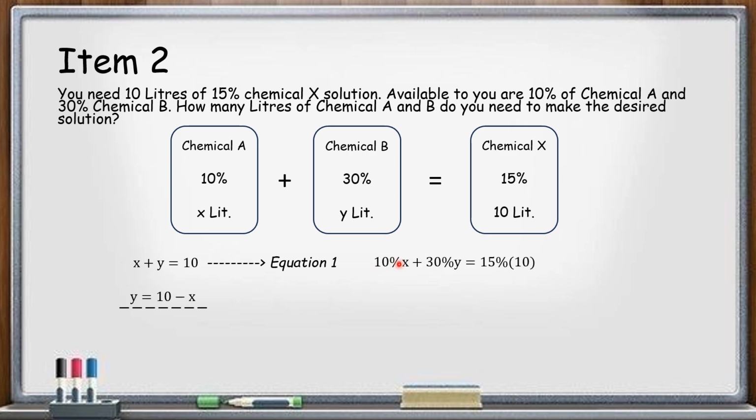Next, same as item number 1, we have the 10% times the total volume of the first vessel, plus 30% of the total volume of the second vessel, and finally 15% of 10 liters, which is the final vessel's volume and concentration. We'll call this equation 2. All right.